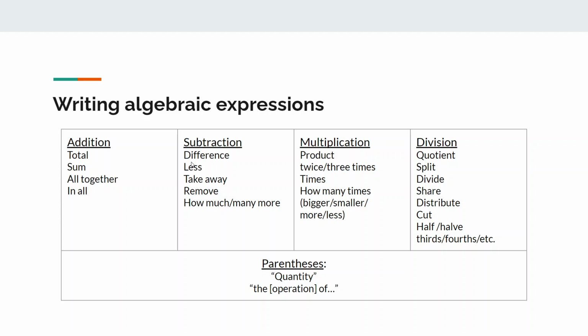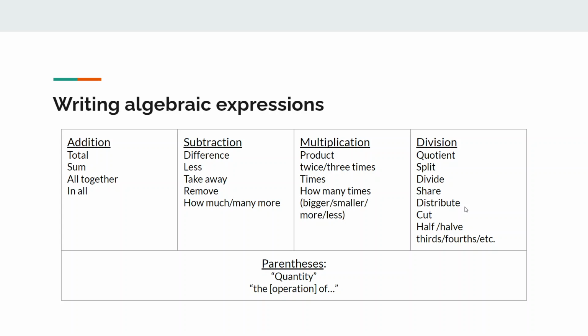Words like difference, less, take away, remove, how much more, how many more, those are subtraction words or phrases. Product, twice, 3 times, times, how many times bigger, how many times smaller, how many times more, how many times less, that is multiplication. Quotient, split, divide, share, distribute, cut, half, halves, thirds, fourths, fifths, those words indicate division.